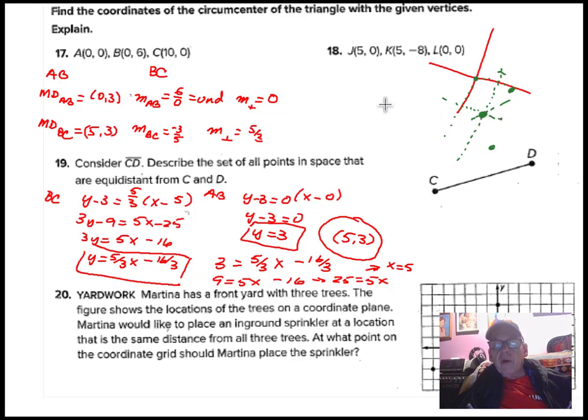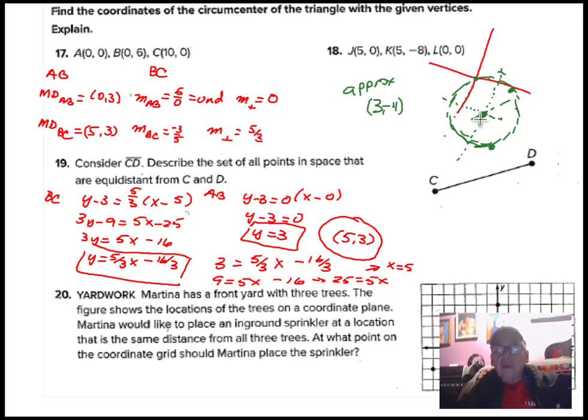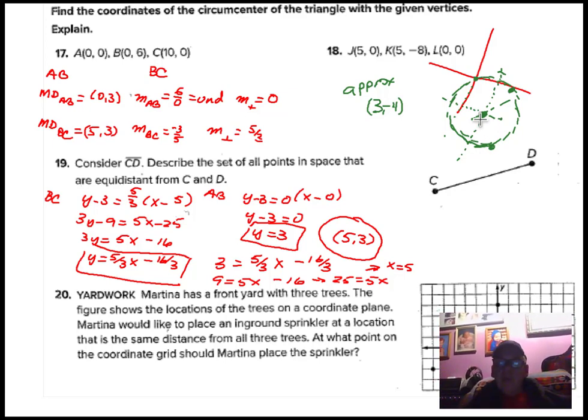So it looks like about (3, -4). With that being the center, let's see what we can do about sketching a circle through here. About like that. So about (3, -4). And again, it's approximate, because the best we can do with the graph without using tools is to get our best guesstimate.